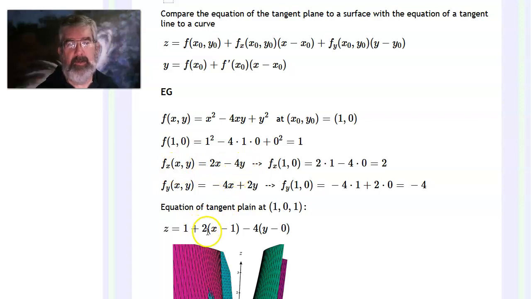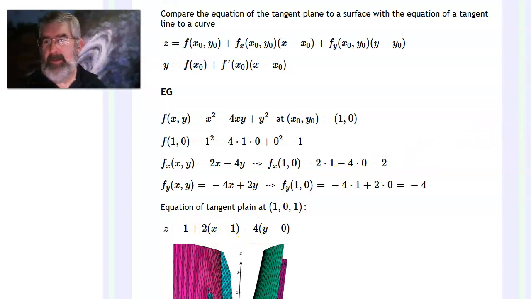And what I'll see is, instead of a 2 being written here, they'll write 2x minus 4y, because they didn't plug in the point 1, 0. Right? I don't want just the general partial derivative. I want the partial derivative evaluated at the point you're talking about. Likewise here, the partial with respect to y, at the point you're talking about. This should be a number. This should be a number. And in this case, they're 2 and -4.